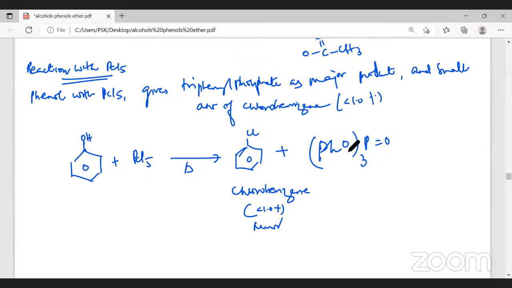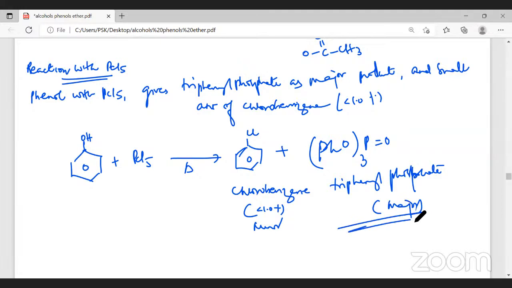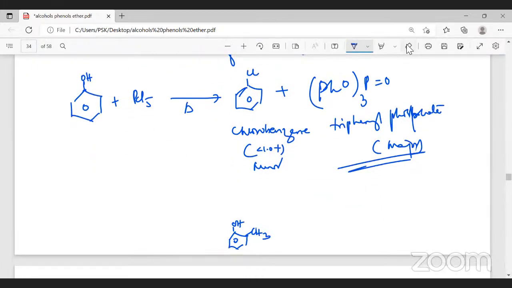So (C6H5O)3P=O is called triphenyl phosphate, and it is the major product. This is the reaction of phenol with phosphorus pentachloride. The next reaction we will learn, and then we'll continue with some of the questions possibly.